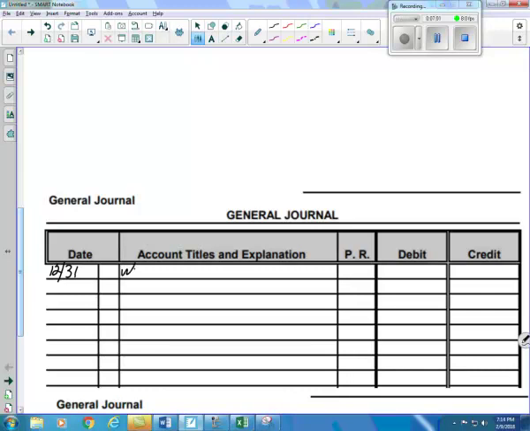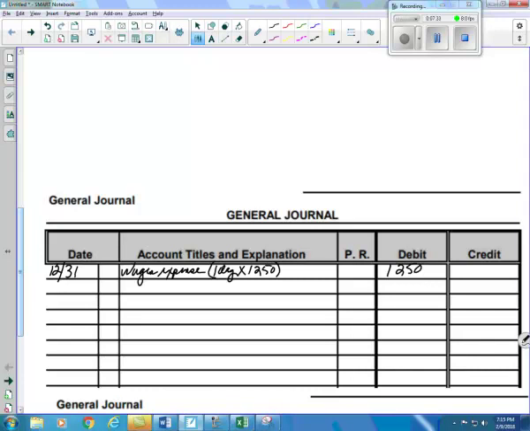So we have our wages expense, and I'm going to put in parentheses here what we are accruing. We are accruing one day at $1,250. If we were accruing for 2 days, we would be accruing $2,500. But this is only one day on 12/31. So we're going to debit that expense, $1,250, making it go up.